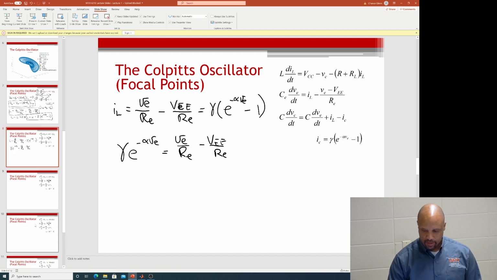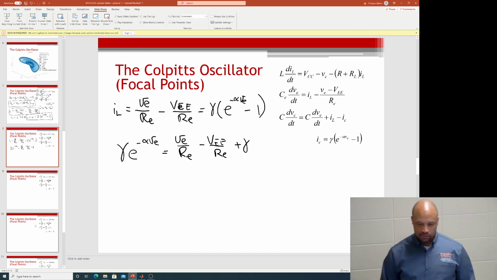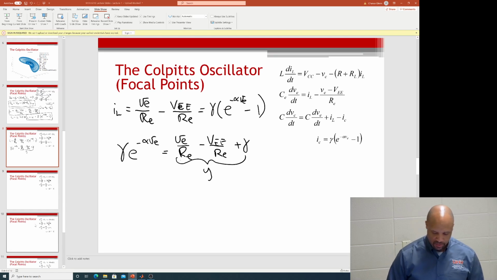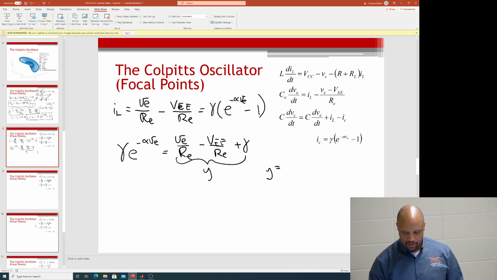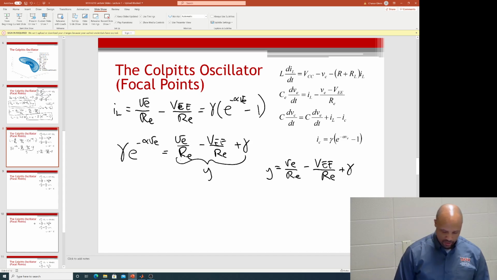And then that's a minus gamma that comes over, so now it's plus gamma. All right? So we're going to take all of this, and let's let that equal y. So in other words, I'm saying y equals VE over RE minus VEE over RE plus gamma, okay?